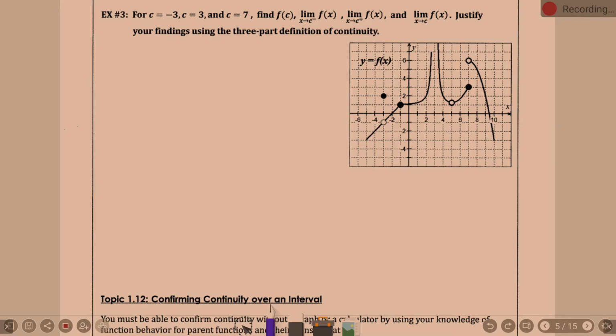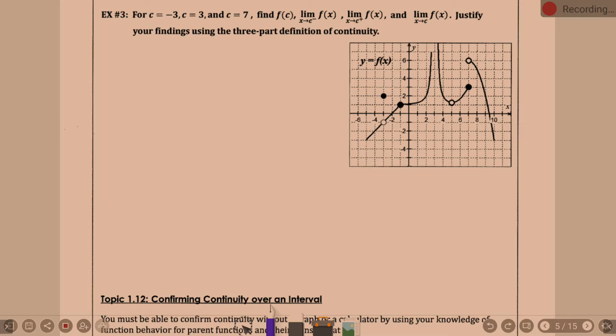Okay, so example 3. I'm going to start while he's doing that. They give us some C values: C equals -3, 3, and 7. They're asking us to find f of C, the limit as x approaches C from the left, the limit as x approaches C from the right, and the limit as x approaches C. And then justify your findings using the 3-part definition of continuity.